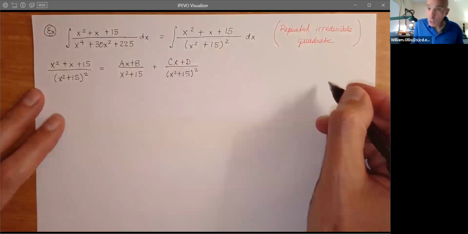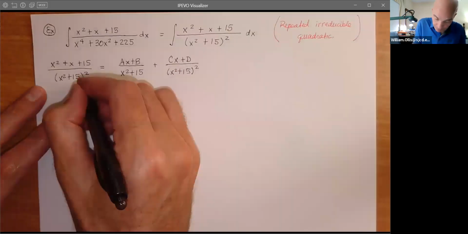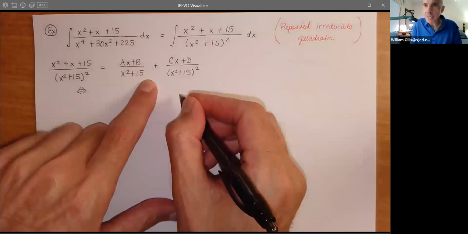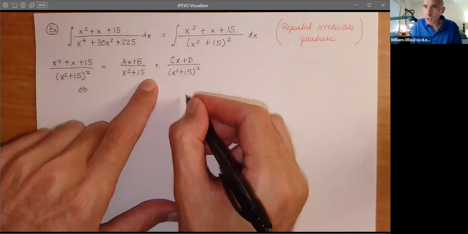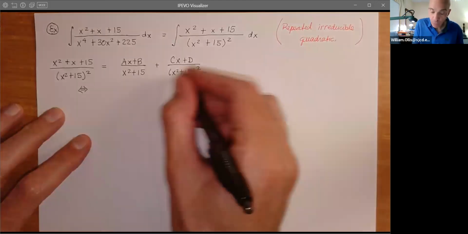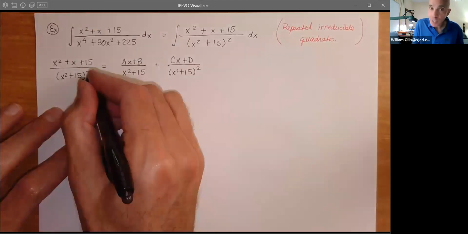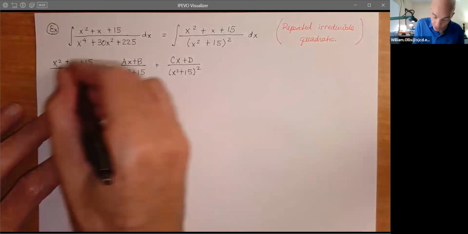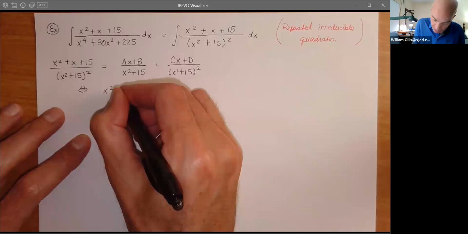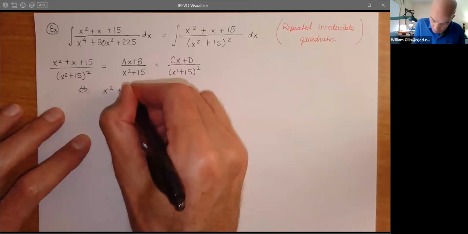So now what we want to do is clear denominators. Once you set up the decomposition, clear denominators. So multiply through by x squared plus 15 to the second power. That will absorb the factor here. So we get x squared plus x plus 15.